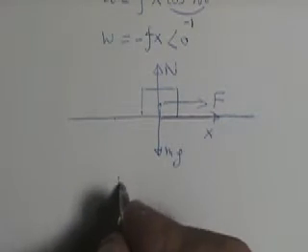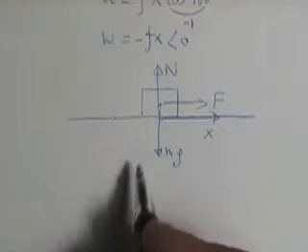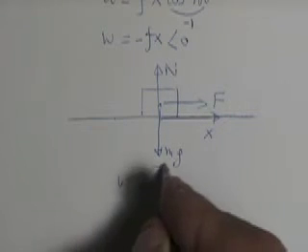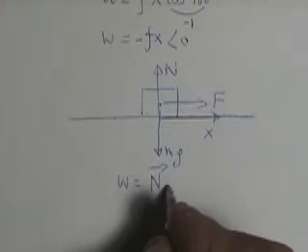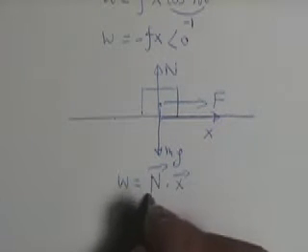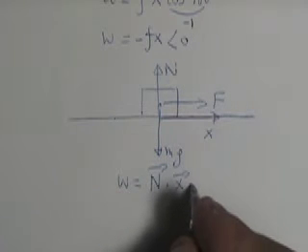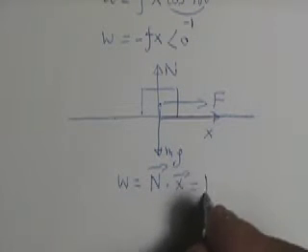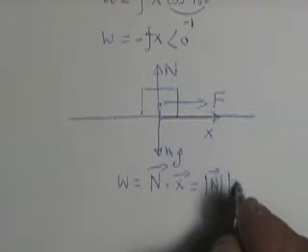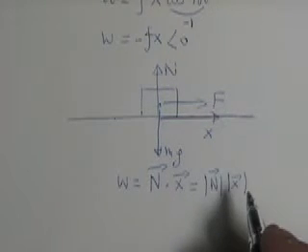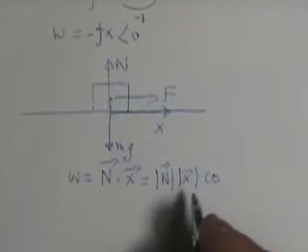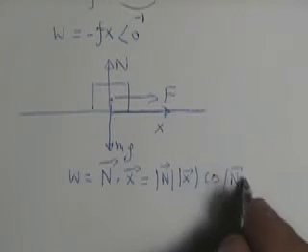Now the work done by this normal force will be equal to the vector n dot the vector x. This work is equal to the magnitude of n times the magnitude of x times the cosine of the angle between n and x.